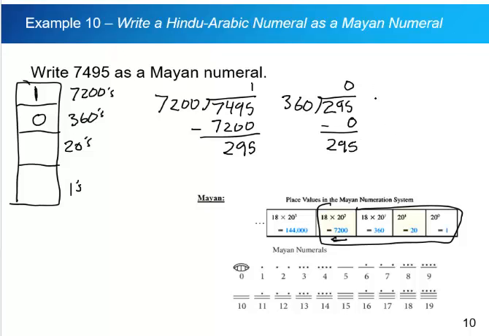Now I want to know how many 20s go into 295. So 14. And we get 14 times 20 is 280. Subtract that, we get 15. And finally, for completion's sake, how many ones go into 15? 15.